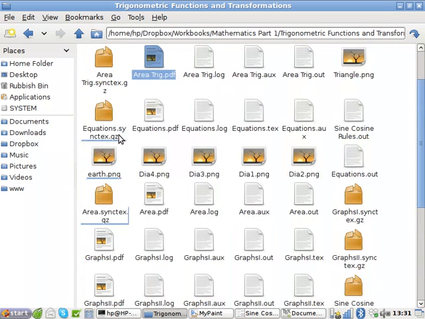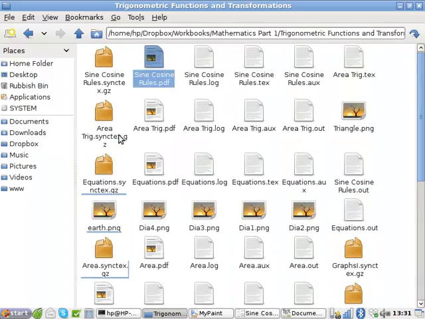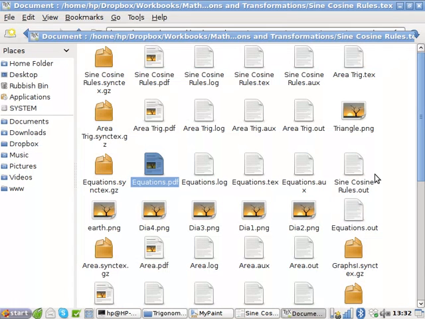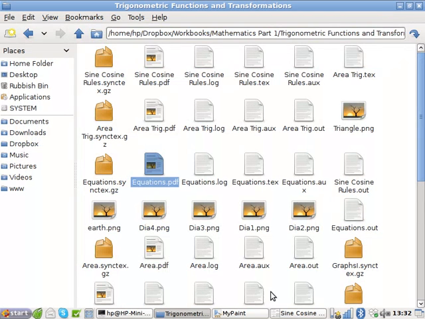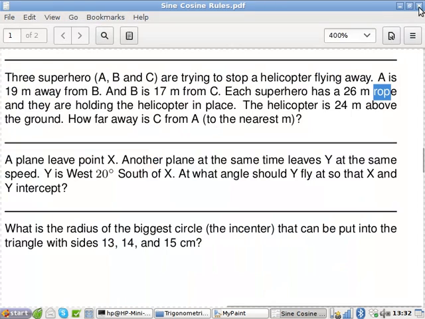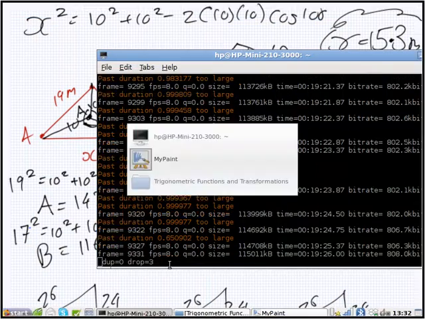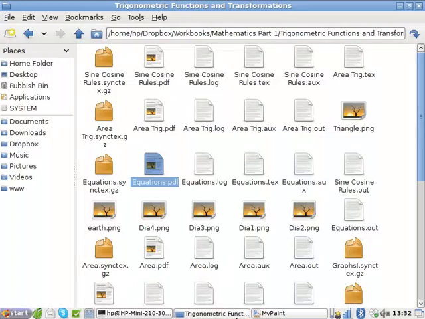Where's the equations? Here they are. Right, let me just close this one down and this one down. Equations, there we go.